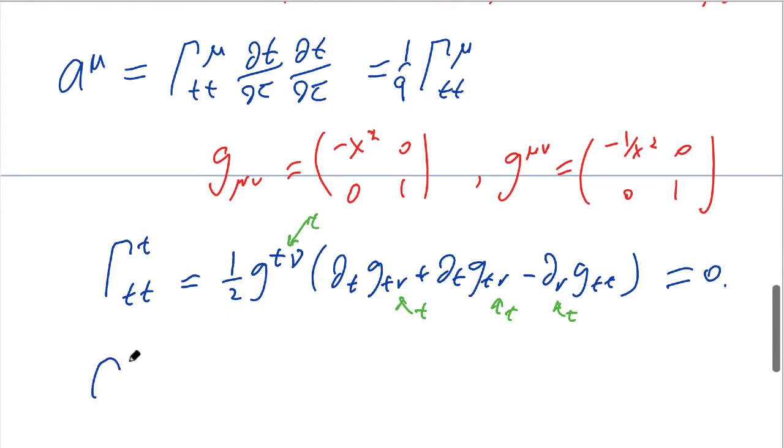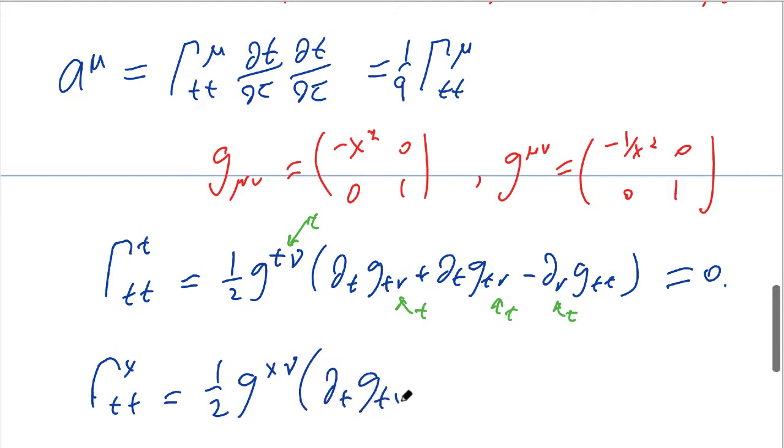All right, so now let's look at gamma x tt. That's 1/2 g x nu partial t g t nu plus partial t g t nu minus partial nu g tt. All right, now same reasoning.